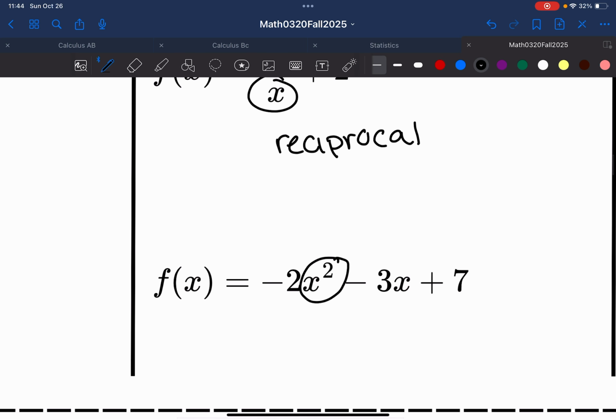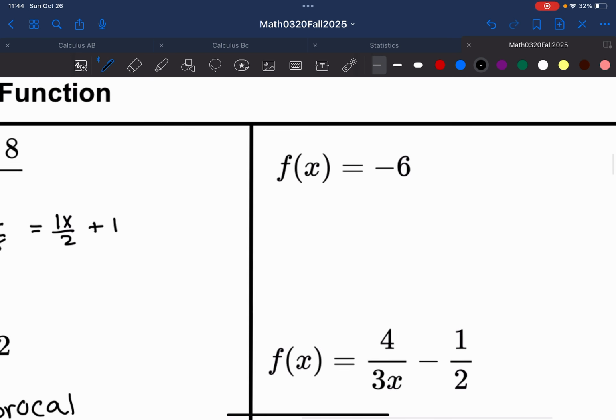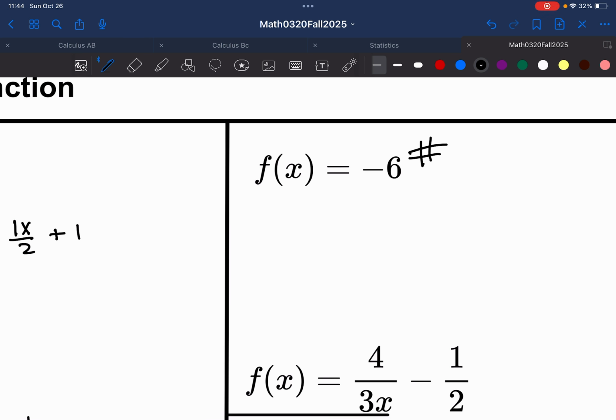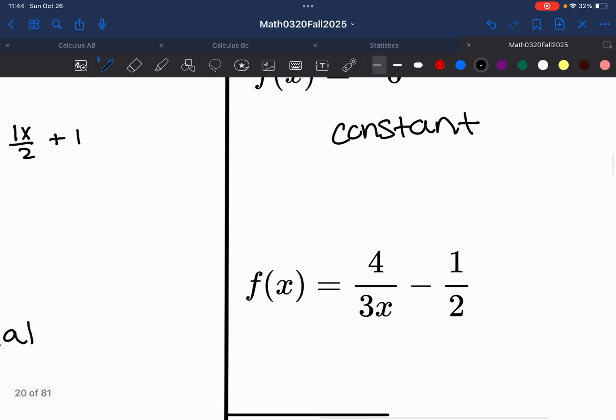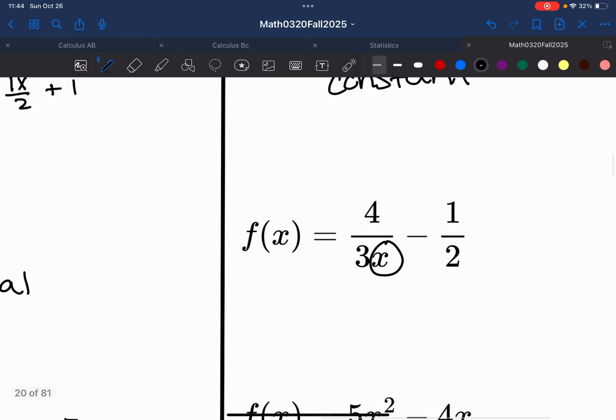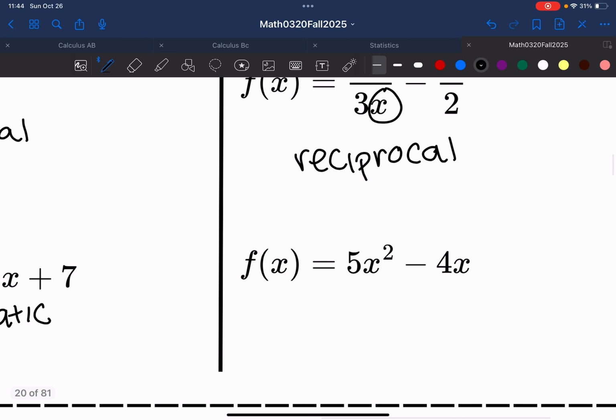This one has an x squared, so it's quadratic. This one only has a number, so it's a constant. This one has x in the denominator, so it's a reciprocal. Okay, this one has an x squared, so it's a quadratic.